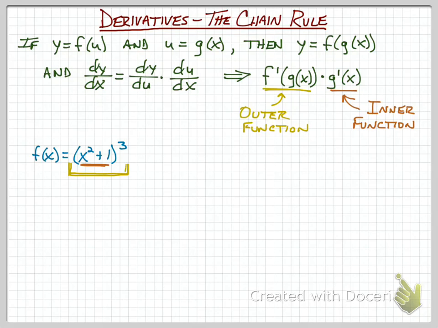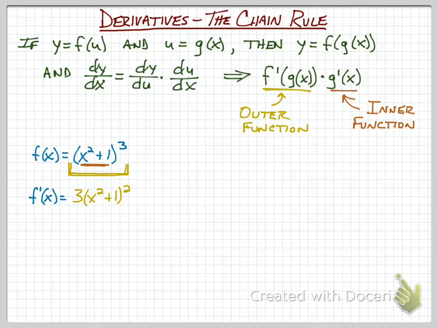So our first piece for finding our derivative is going to be 3 times x squared plus 1, all squared. That's just taking the derivative of the outer function. Using the power rule, we move the exponent 3 to become a coefficient, we subtract 1 from the exponent, and everything else stays the same. So that's our outer function.